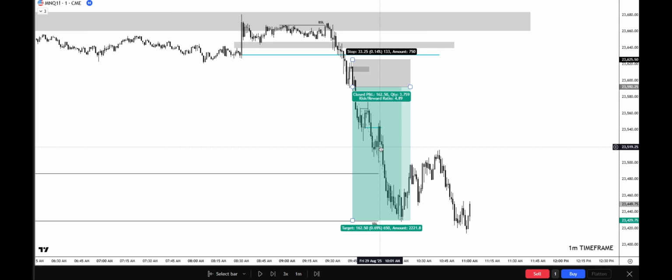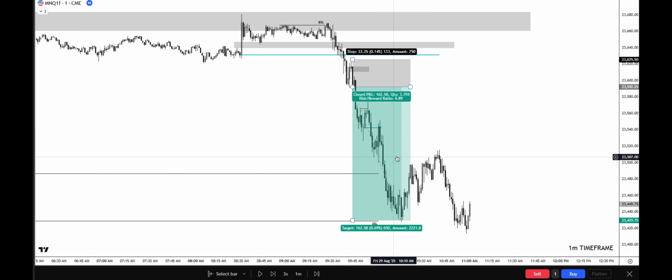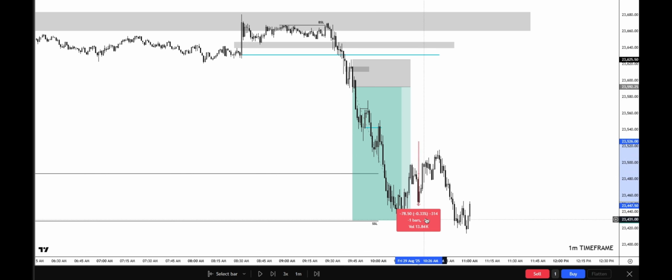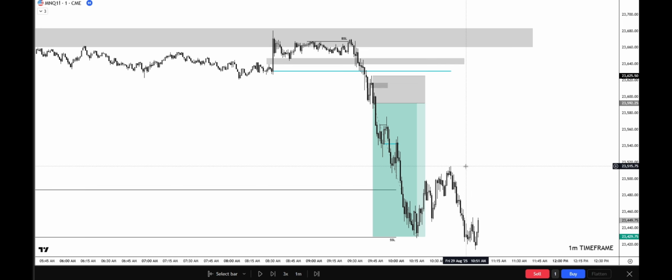As soon as we opened, we went high, filled this fair value gap plus breaker, and the same model that has occurred here, and we continued lower. So this was our DOL, but for 10 a.m. we pushed lower again and we started to chop. This is how we are framing our trade, looking from higher time frame bias to lower time frame.